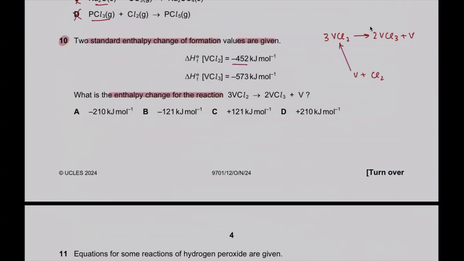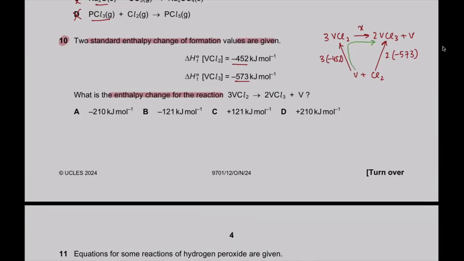So that is its enthalpy change. So it is going to be 3 times minus 452. And we are getting 2 moles of VCl3 over here. So the enthalpy change of VCl3 is minus 573. So it is going to be 2 times minus 573. And this is X.